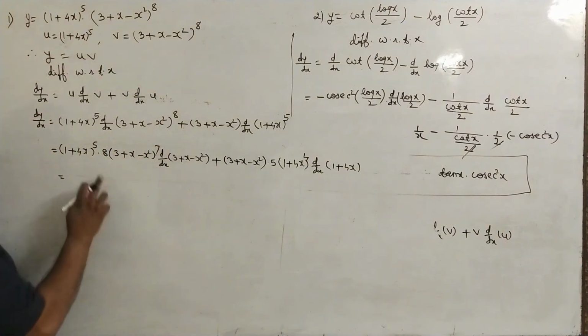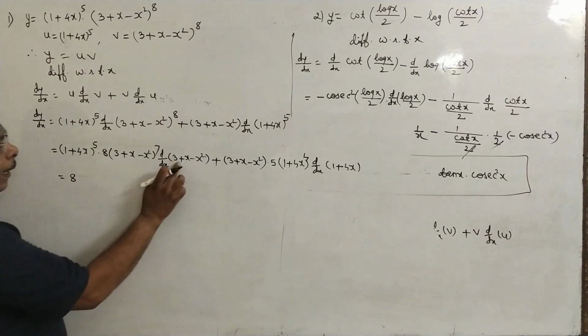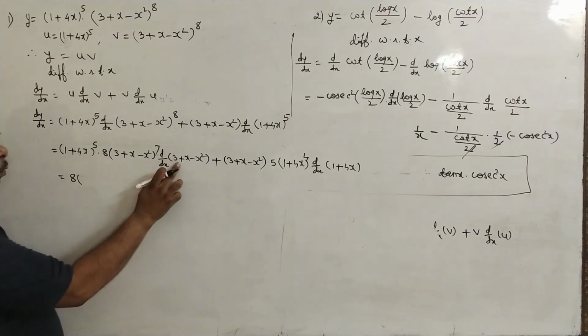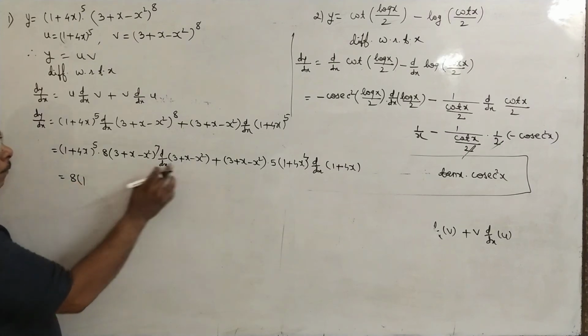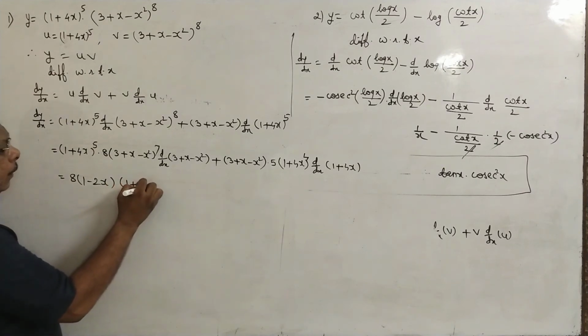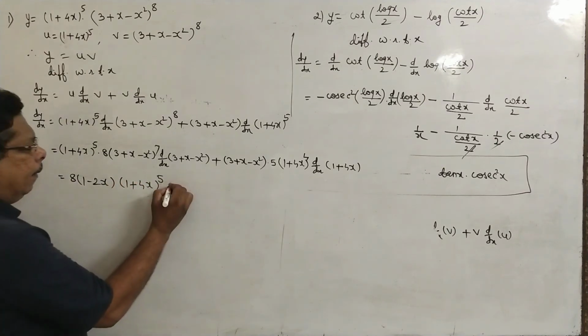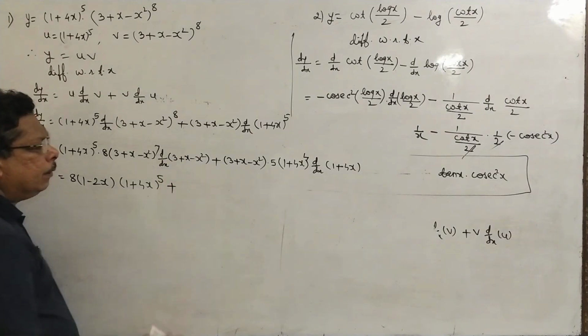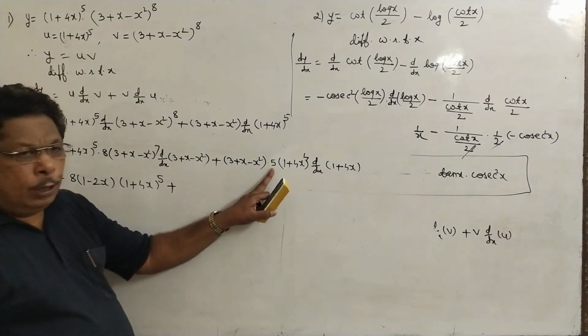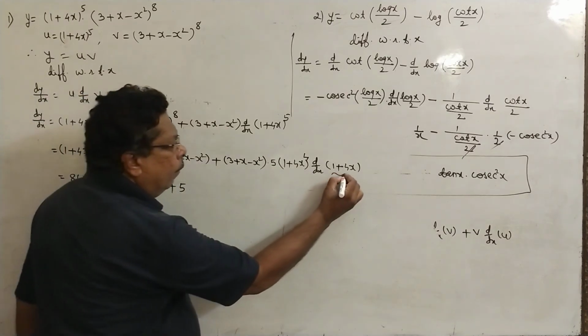So this becomes, take the constant 8 outside. The derivative of this term, 3 is 0. The derivative of x is 1, minus the derivative of x square, 2x, into 1 plus 4x raised to 5, plus this 5 is a constant number, take it outside. Take the derivative of this term.